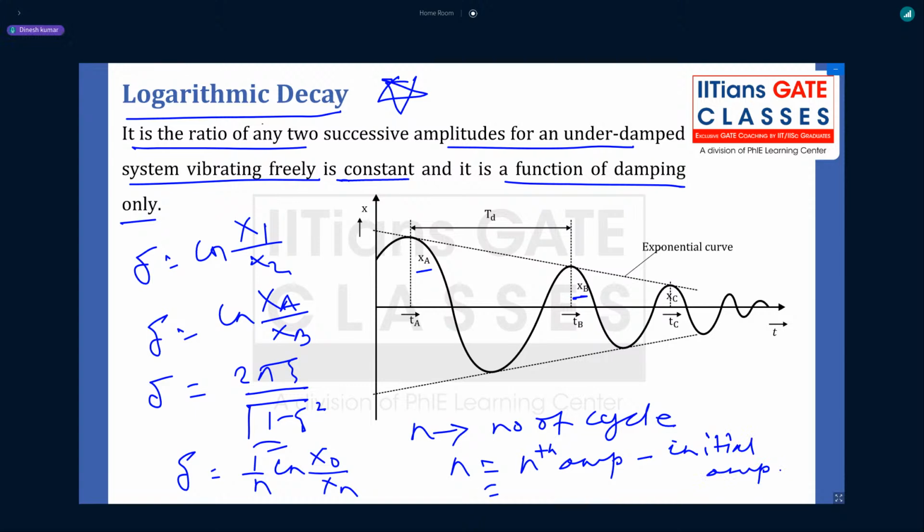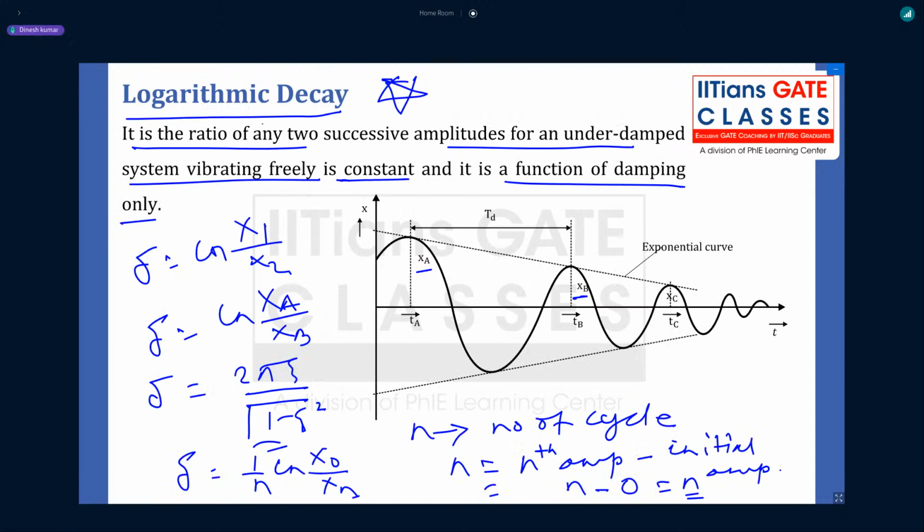Now you can see the nth amplitude is n, and the initial amplitude is 0. So the number of cycles is n. Because in many GATE questions, students have confusion when the question asks how many cycles. We will see that question also.